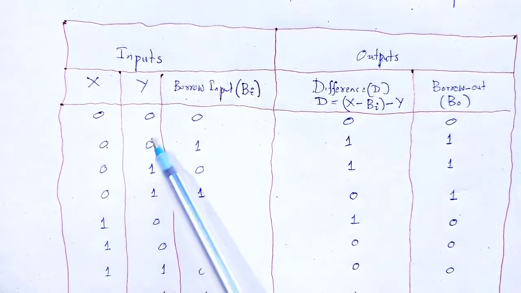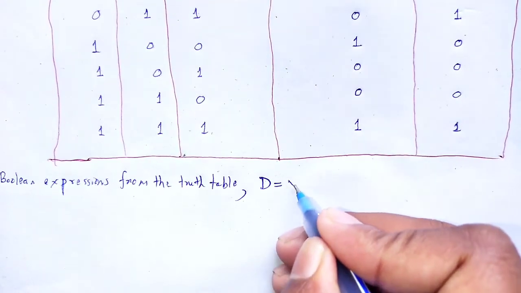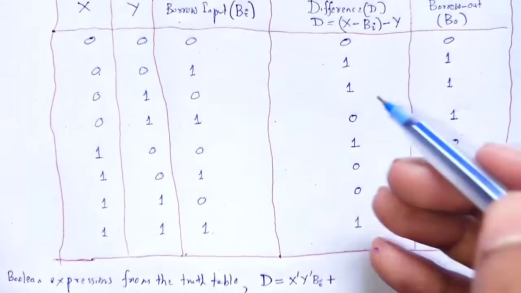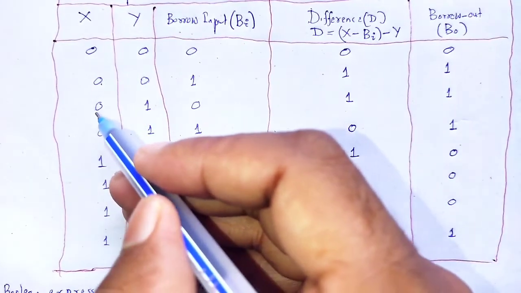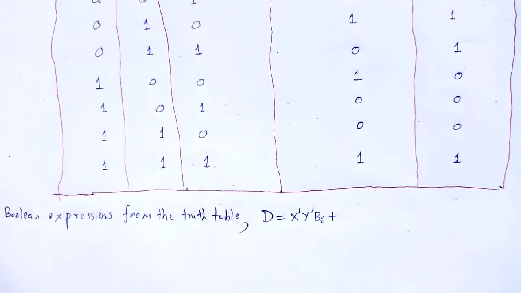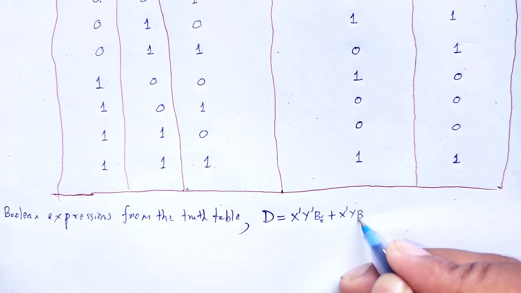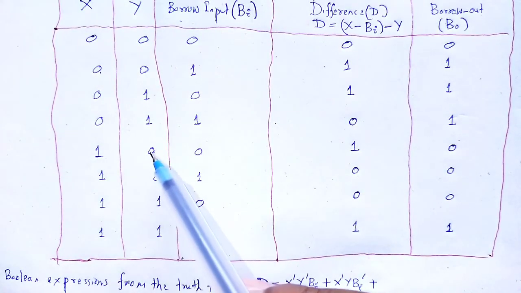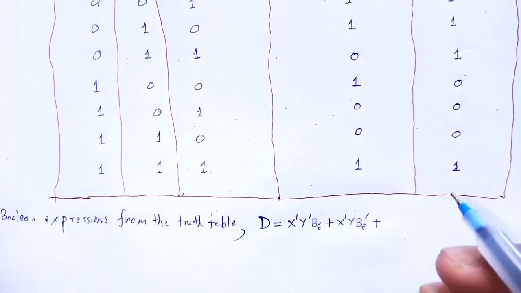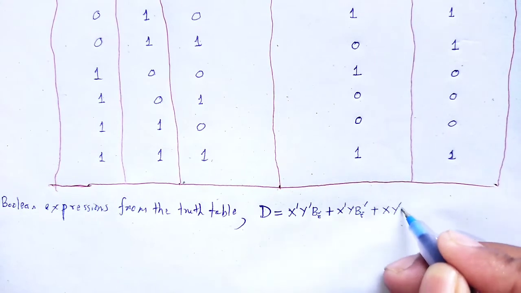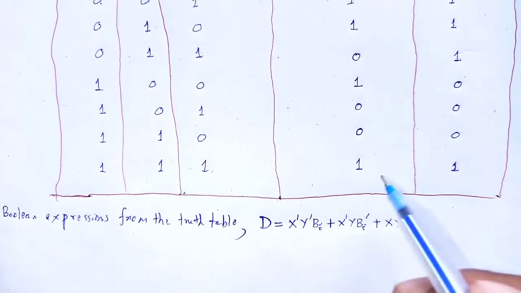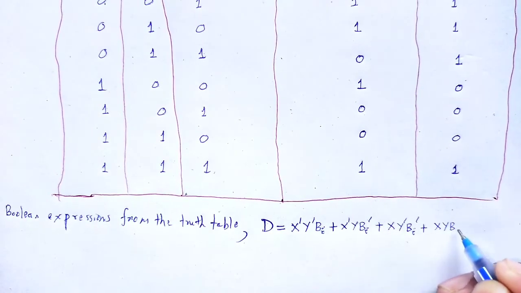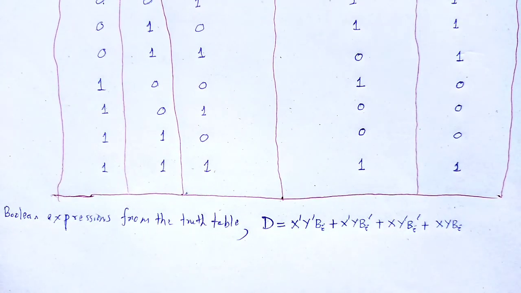So x prime, y prime, bi, borrow input, plus 1, 0, 1, 0: x prime, y, bi prime, plus 1, x, y prime, bi prime, plus 1, x, y, bi. That is the sum of product.